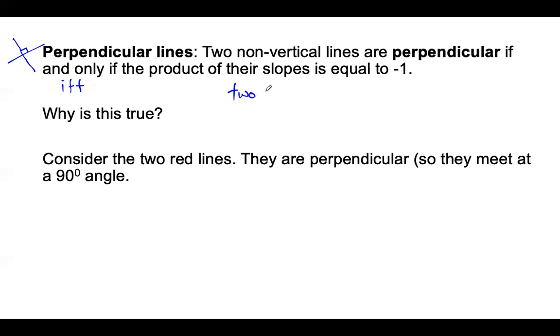So basically, in other words, two lines are perpendicular if, well, it just basically means that they meet at a 90-degree angle.